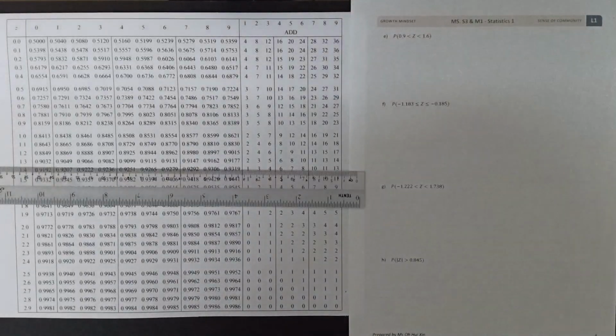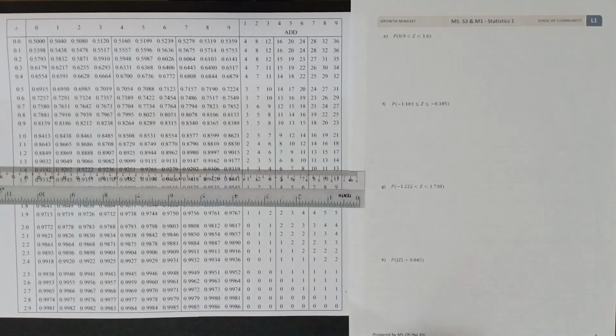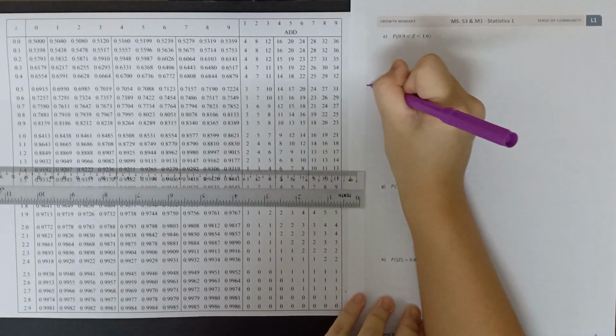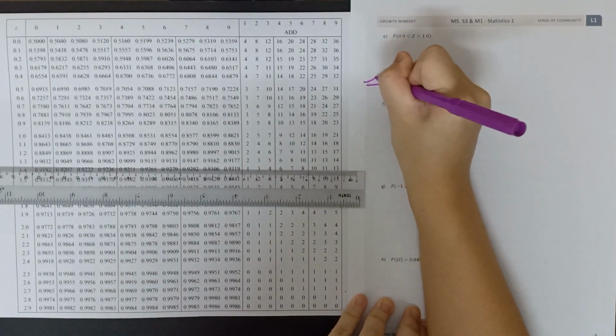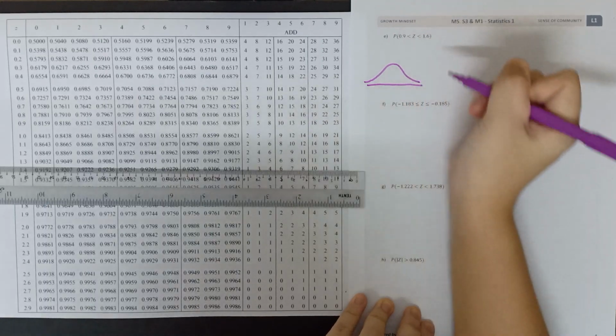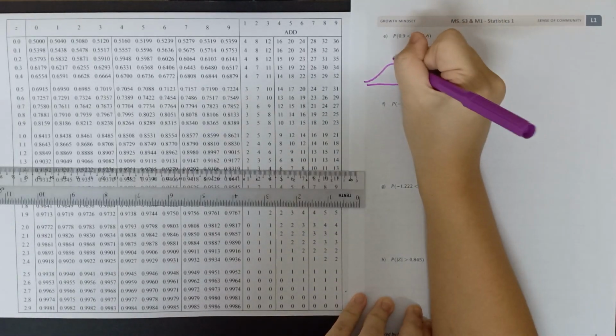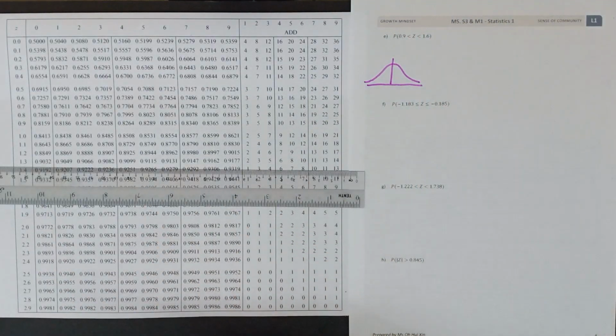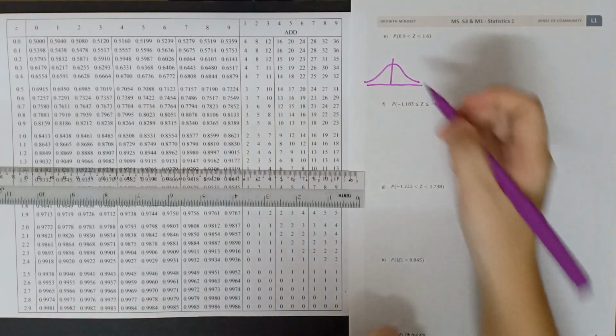Okay, move on to the next 4 examples. Probability between 0.9 and 1.6. Okay, so same thing, we need to draw the graph first. Start with a bell shape. Oh, I drew it too big. It's okay. So I have a graph like this, then where is my 0.9?